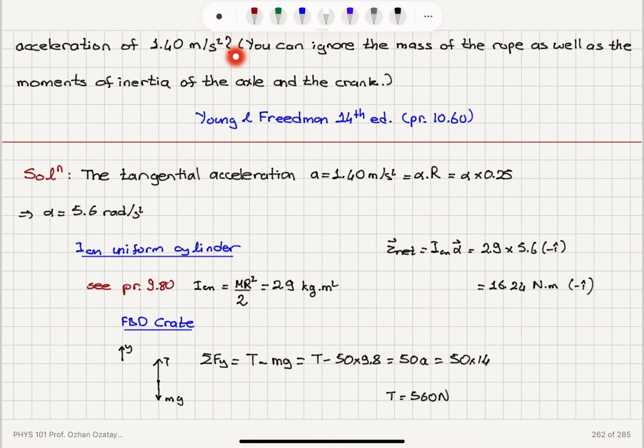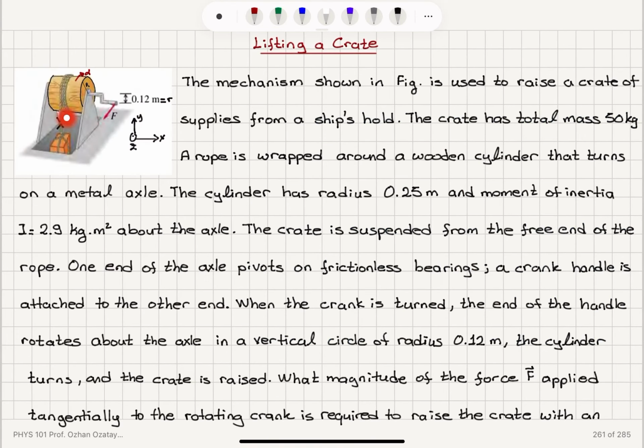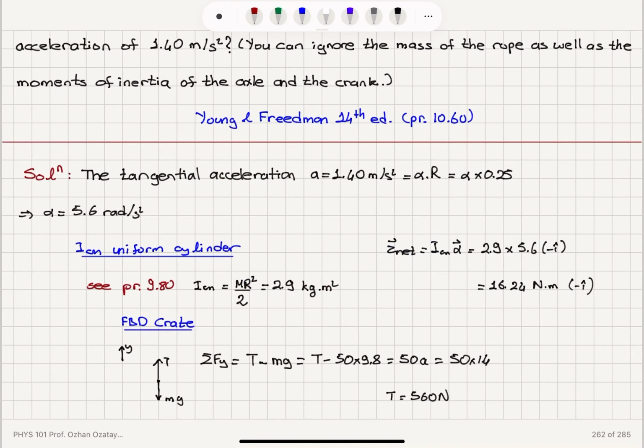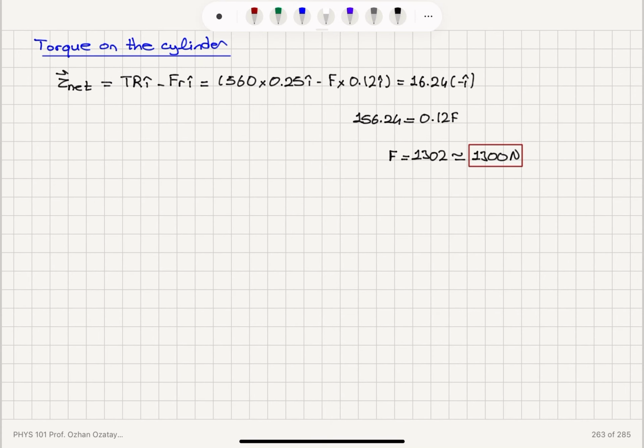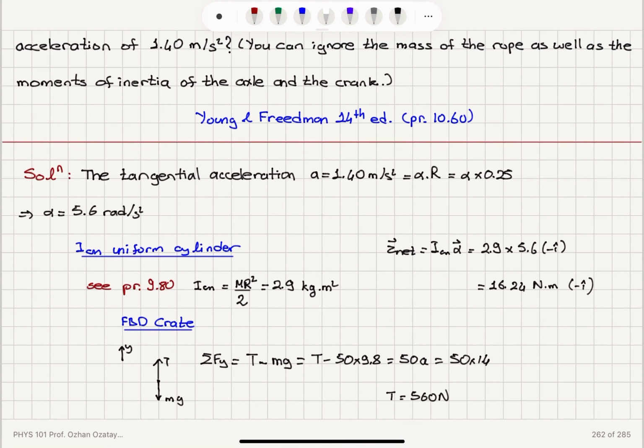This acceleration is given in the problem as 1.4, which allows us to calculate the tension acting on it. And this tension applies a torque on the cylinder, which is R times T, and using the right hand rule we see that the torque is in the plus i hat direction. So we find this component TR i hat, and the net torque acting on the cylinder is I alpha using Newton's second law in rotational form.